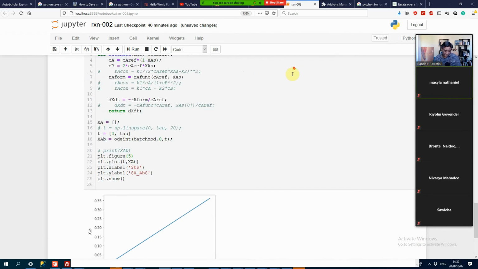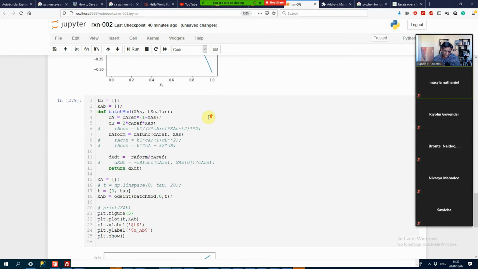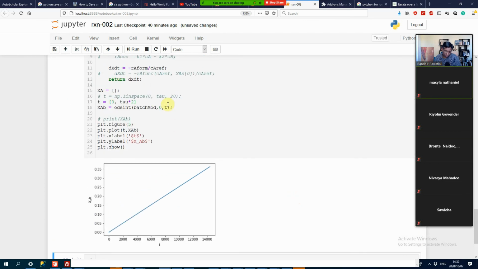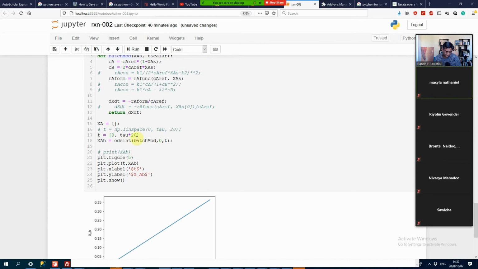If you run that, it's pretty boring actually. Your conversion is just rising with time. We could think about increasing the range there. Let's go for 2 space times instead. Okay, 20 even. But yeah, it seems to saturate.